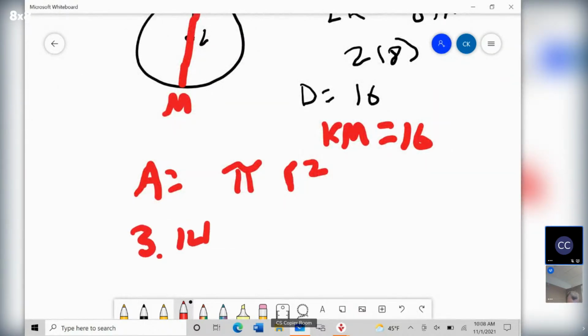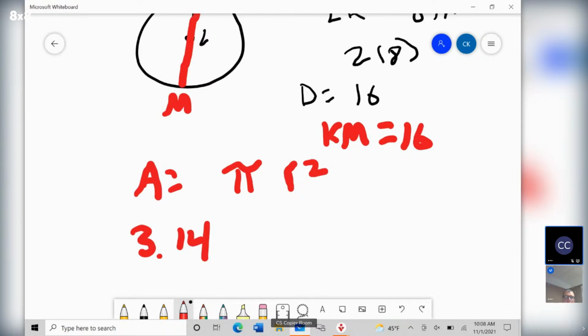And what I encourage you guys to do is use your phone or a calculator when you're doing this, because pi a lot of times is built into your phone, or if you're at school here, those graphing calculators have a specific pi on them.